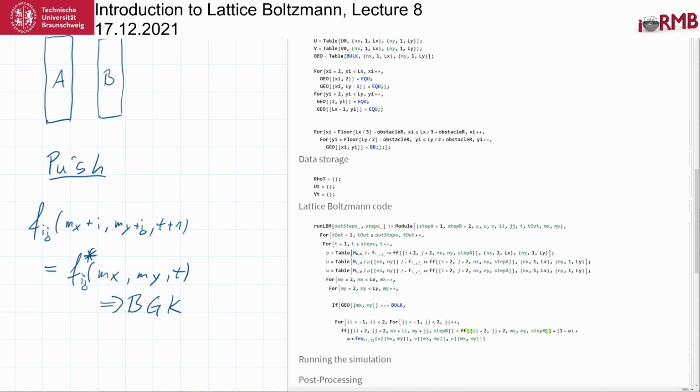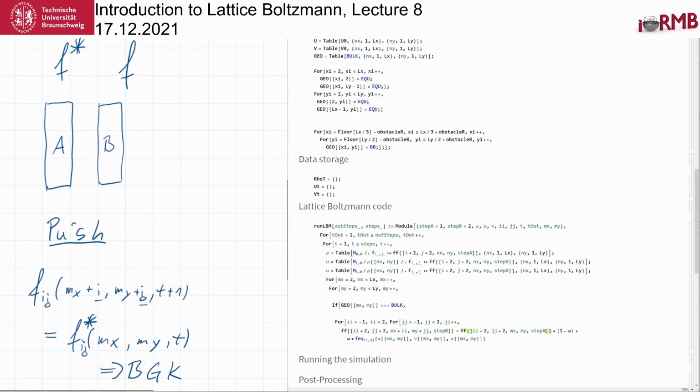By combining these two things together, we can do it with only one loop. So we do not need to process our system twice, but we compute locally the post-collision distribution, and then we shift it by i and j to the pre-collision distribution in the next time step. So in order for this to work, we need, of course, these two sets of distributions.